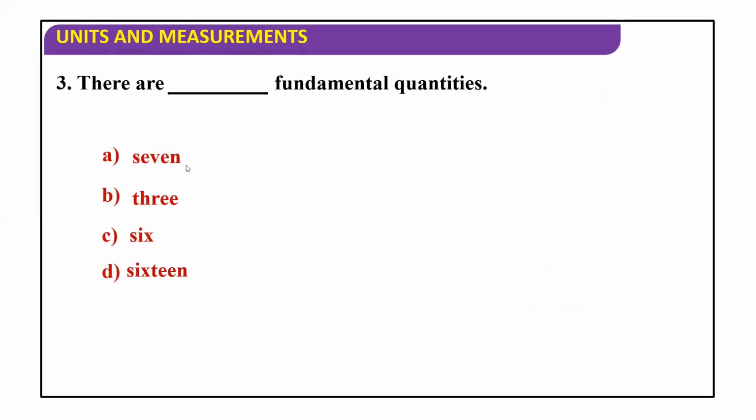Just a minute. I think there is an issue with this. Okay. The answer is 7. Just a minute. I'll reshare the slides again. Again, the same issue is there. Just a minute.